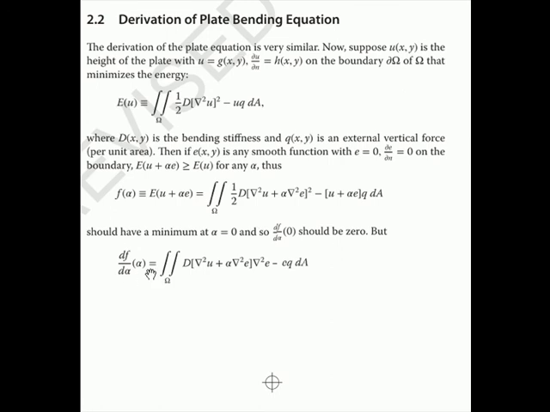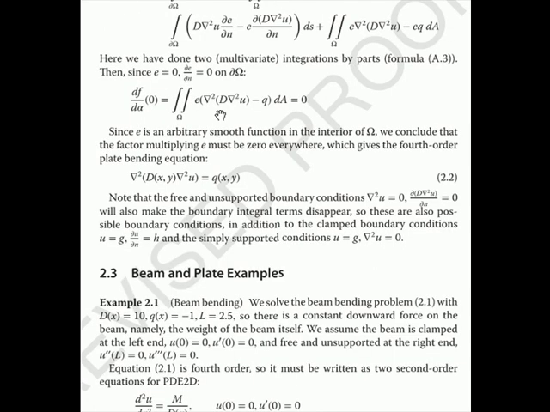Take the derivative with respect to alpha, set it to 0, do two integration by parts, and you end up with essentially what you might expect for two dimensions. It's the Laplacian, where the Laplacian of u is uxx plus uyy. It's a generalization of the second derivative: D times the Laplacian of the Laplacian of u is equal to q. So pretty much what you'd expect.